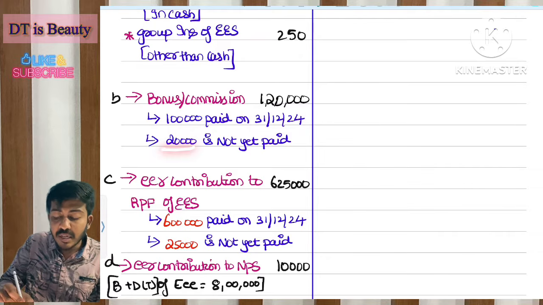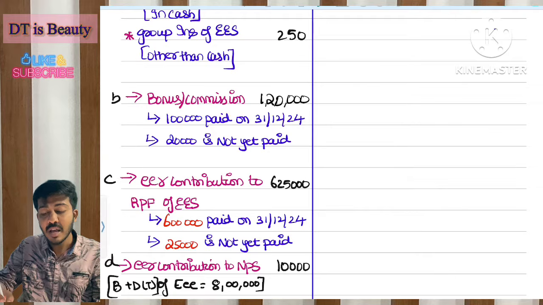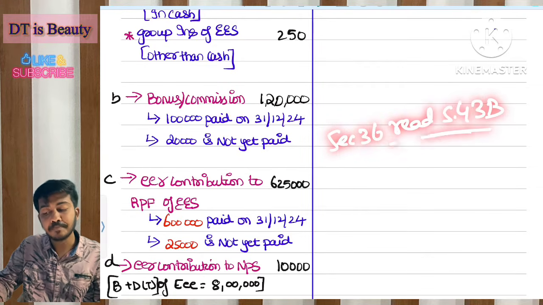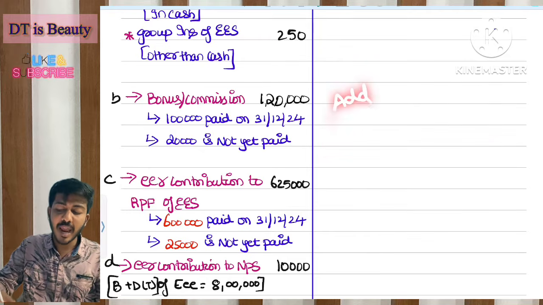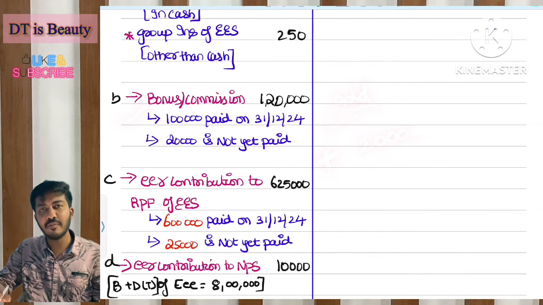And 20,000 is not yet paid, which means this will not be allowed as deduction. So who says this? Section 36 read with Section 43B, madam. Simple. Okay, so what will be the answer? Under additions category, you should add back how much? Only 20,000 should be added. This is paid, this is correct. Put a tick for this.